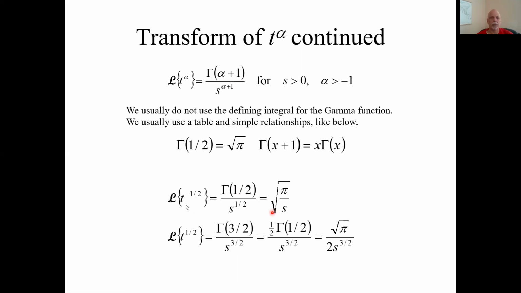So there's the Laplace transform of t to the -1/2. T to the 1/2, it's this. This gamma of 3/2 by this relationship is 1/2 the gamma of 1/2. That was the square root of pi. We have this result. So we have 2 more Laplace transform pairs to put in a table. Here's the time function. Here's the Laplace transform. Here's the time function. Here's the Laplace transform.